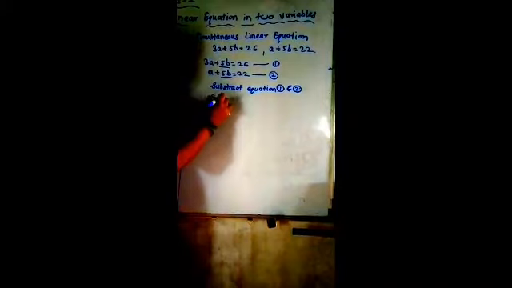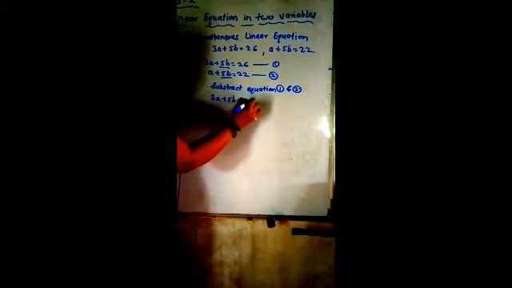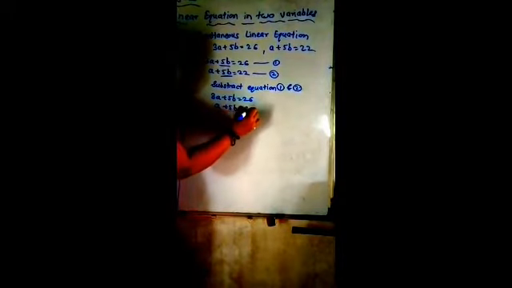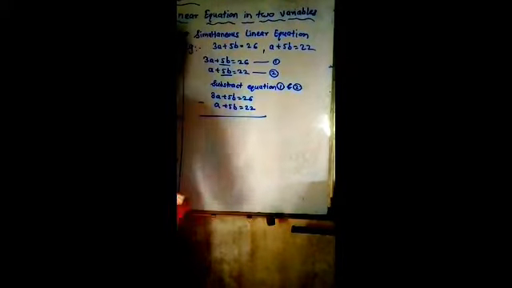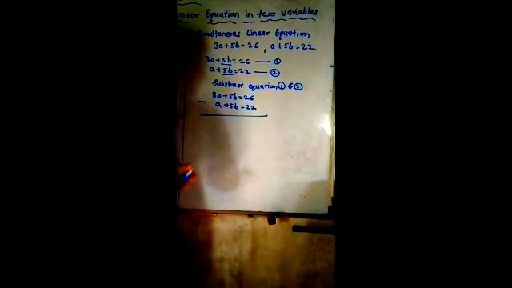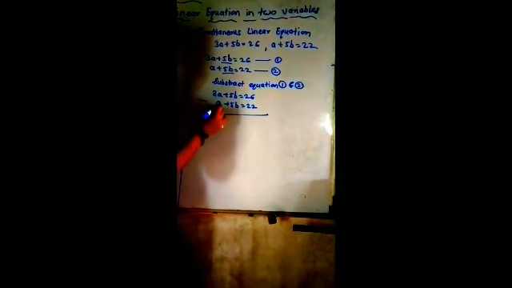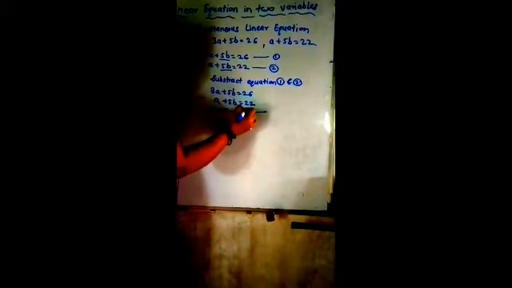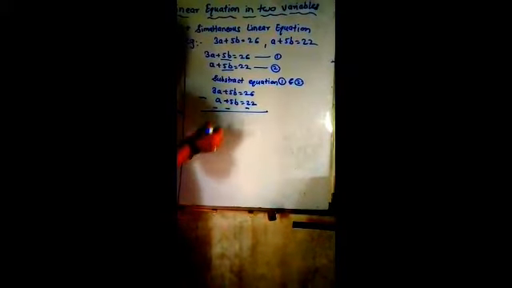Here 3a plus 5b is equal to 26 minus a plus 5b is equal to 22. For the subtraction, there will be sign changes. Plus a gives minus a, 5b minus 5b and minus 22. Then we have to solve this.